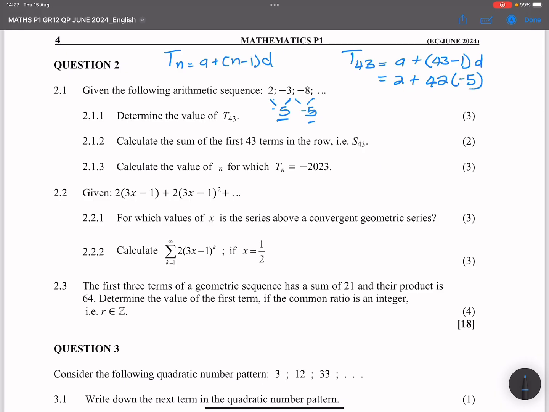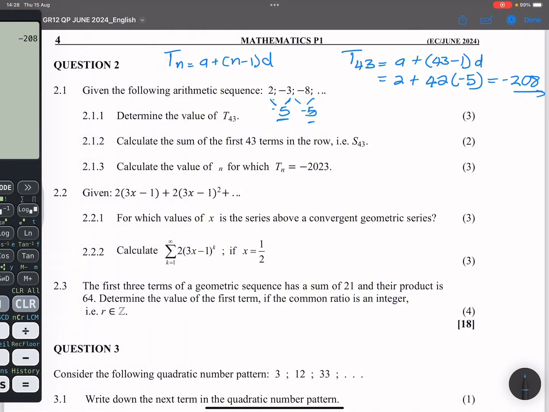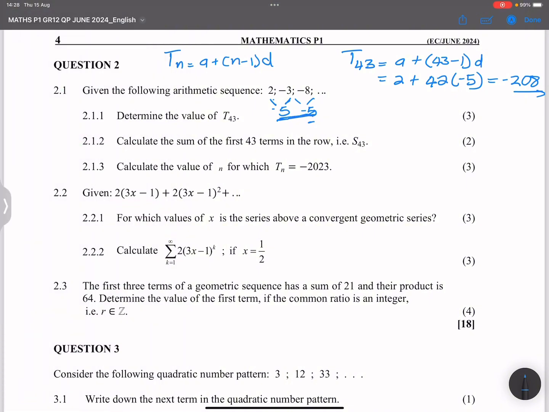And quickly, we need to calculate that. So that will be 2 plus 42 times -5, and that gives us -208. Right, so that is the 43rd term. Okay, so let's go on to the next question.